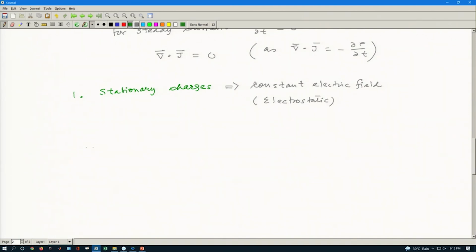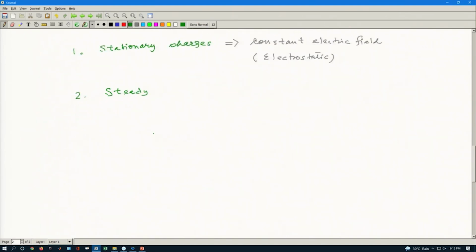On the other hand, when we have steady current, that leads to constant magnetic field.